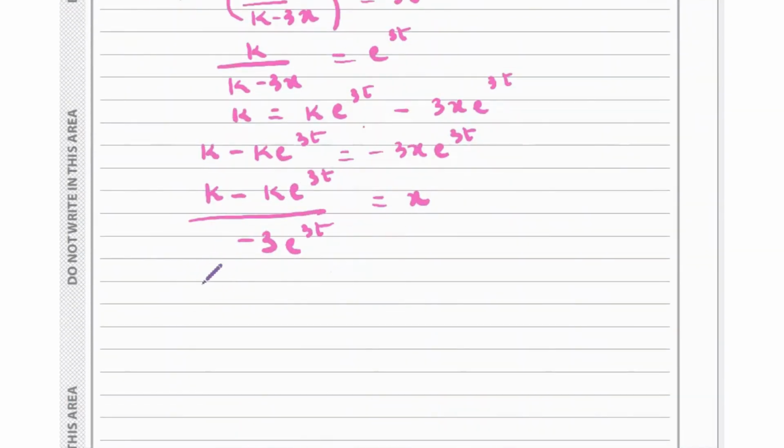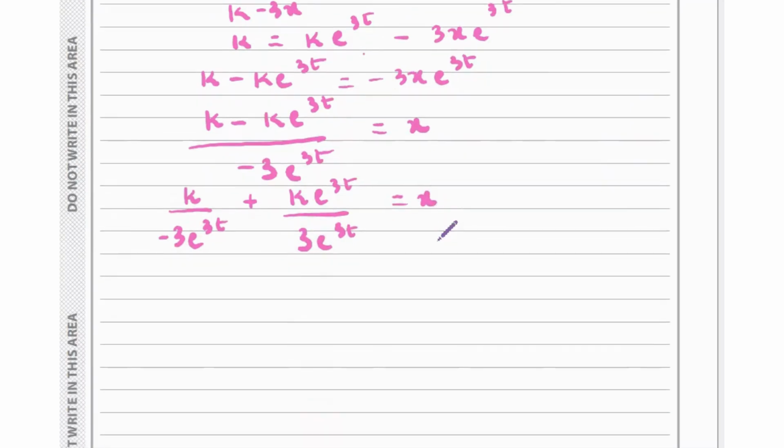We can further simplify this by splitting it into two fractions, k over negative 3e to the power of 3t plus k times e to the power of 3t over 3e to the power of 3t. The e to the power of 3t cancel out over here.